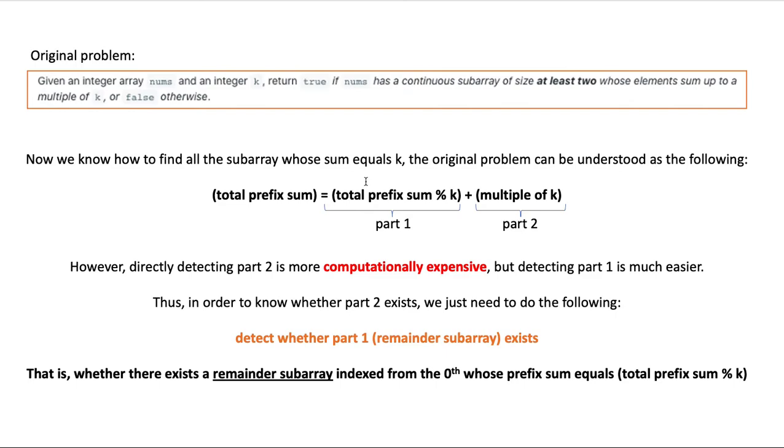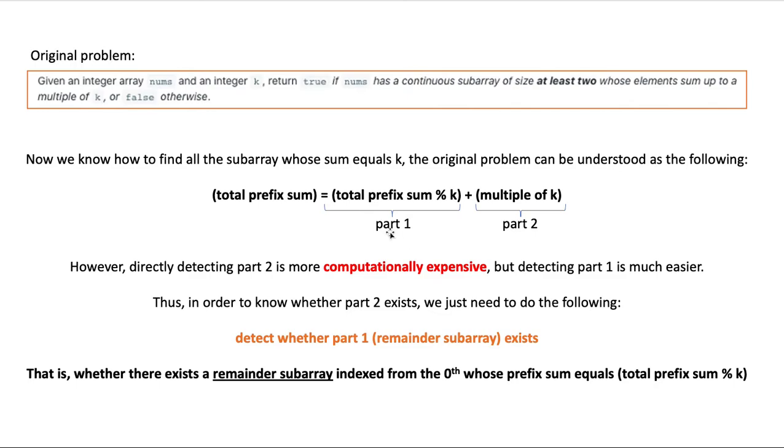The first subarray, we can view as a remainder subarray with the total prefix sum modulus k, and the second subarray is a multiple of k subarray, and these two parts have a sum equal to the total prefix sum. Directly detecting part 2, the multiple of k subarray, is computationally more expensive.